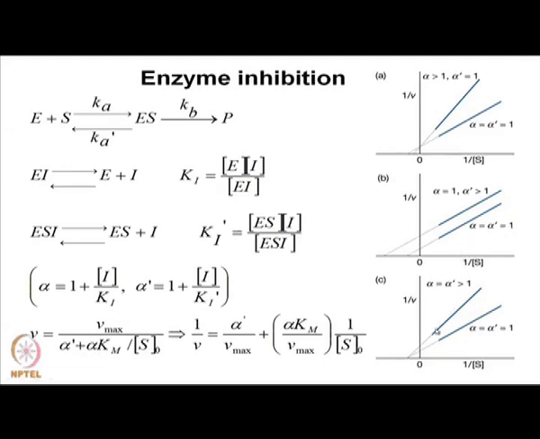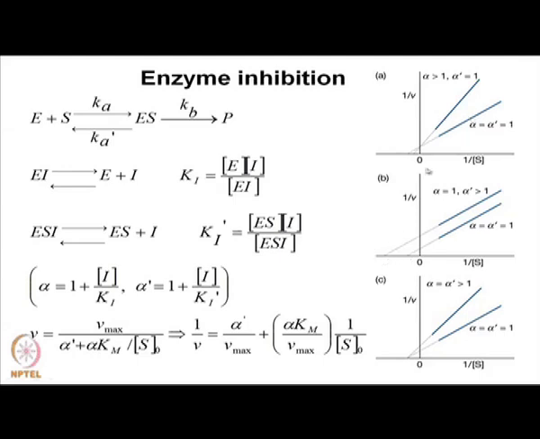The third situation is like this. In the first, the intercept is the same for both curves. In the second, these two intercepts are different, and they also cut the 1 by S axis at different points.